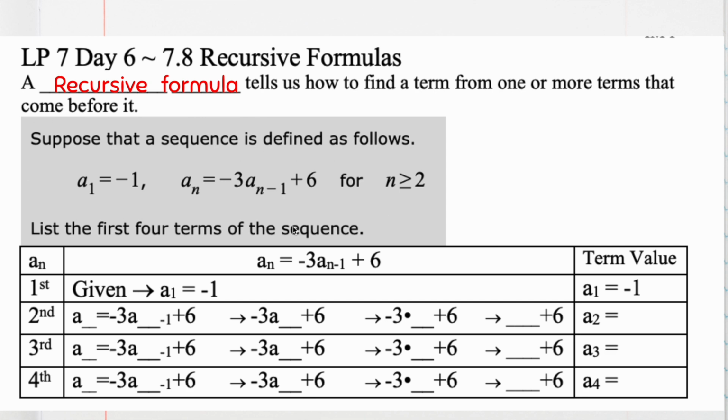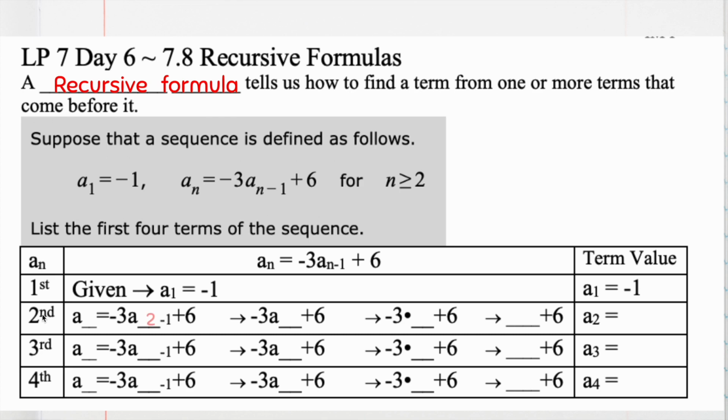But remember, with this one, I'm not simply going to plug in 1, 2, 3, 4 for my first 4 terms, since I need to know the term number before it to do this. So A1 is -1. They told us that, so that's my first number that I can list.